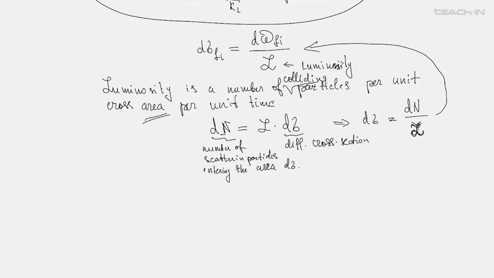The reason I'm taking just two beams is that the probability that two particles collide is higher than the probability that 3 or 4 particles simultaneously find each other to collide.